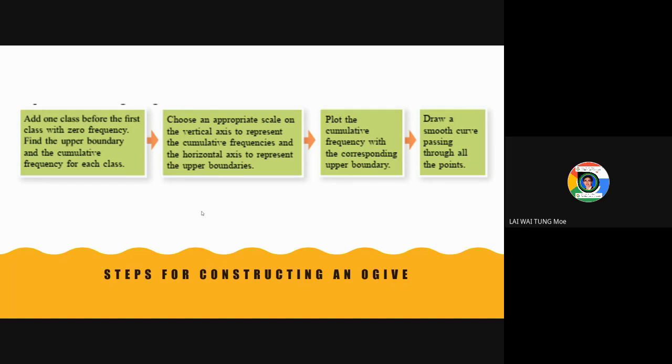Then the next one, choose an appropriate scale. The question will actually give you the scale, so don't worry. Normally the question will give you the scale, so you just follow the scale only. Okay, and normally the x-axis will be represented by the upper boundaries, whereas the y-axis will be represented by the cumulative frequency.